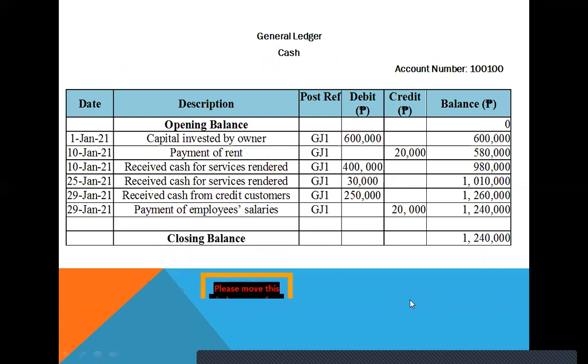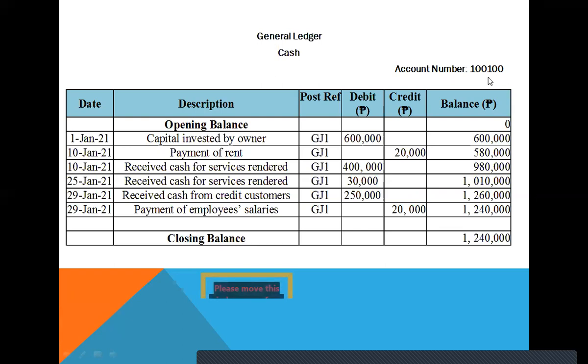Okay, so this is an example of a general ledger. General ledger of cash, taken from our transactions for VEEN Information Services business. The account number is 100.